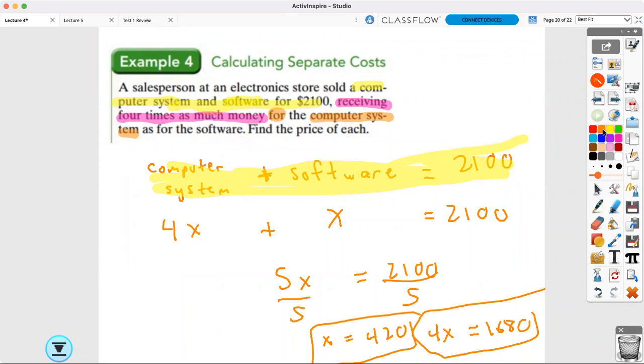As for the software. So 4 times as much money for the computer system. Which one are we paying more for, the computer system or the software? Well, I'm reading that as you're paying 4 times as much for both. No, as for the software. So it's saying it's paying 4 times as much for the computer system than as for the software.